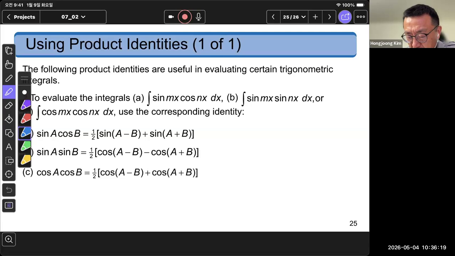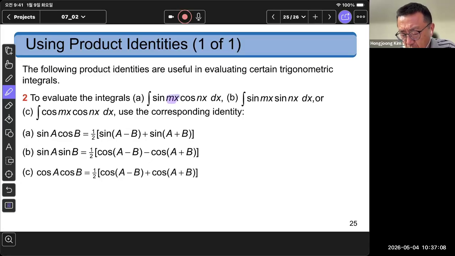So, for example, sine mx times cosine nx, or sine mx times sine nx, or cosine mx times cosine nx. So the angles are all different.